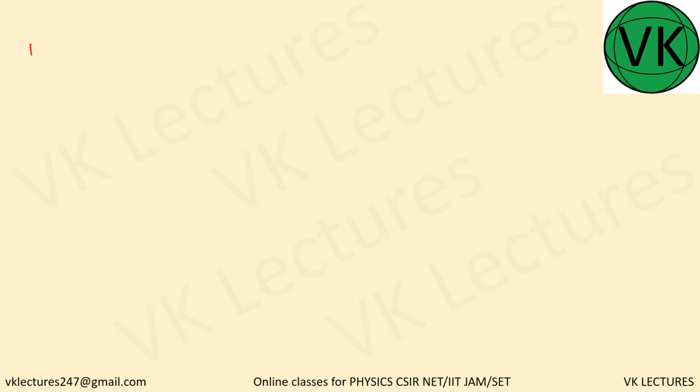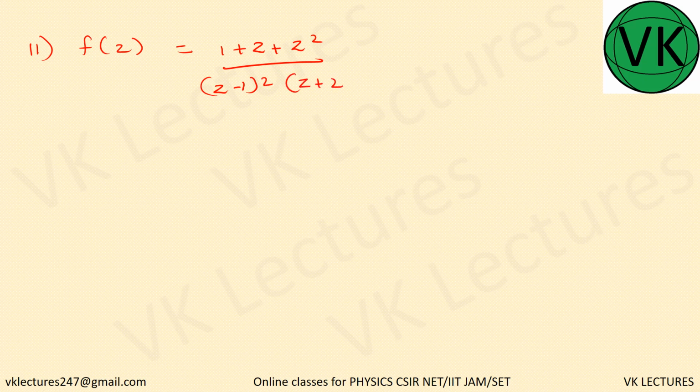Next question, f of z is equal to 1 plus z square divided by z minus 1 whole square into z plus 2.